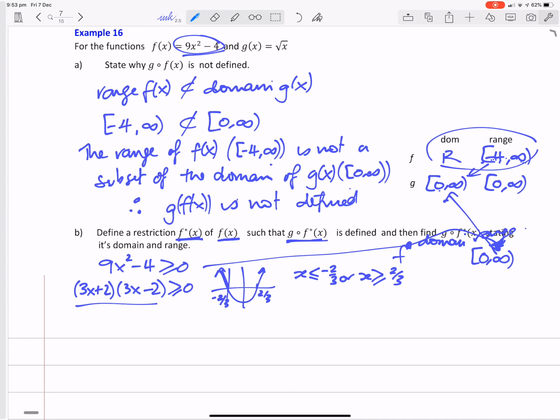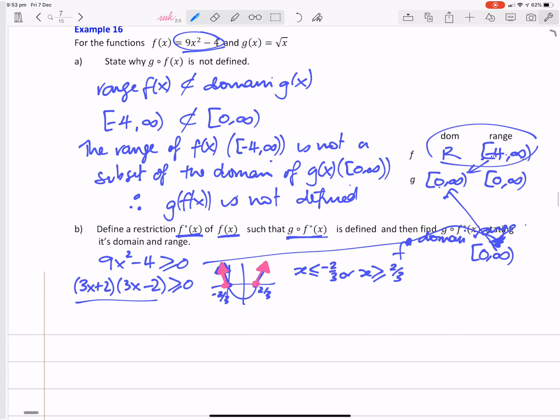So if we restrict x to be between -infinity and -2/3, or 2/3 to infinity, then our range is going to be 0 to infinity. And then what that does is it creates a range of 0 to infinity.